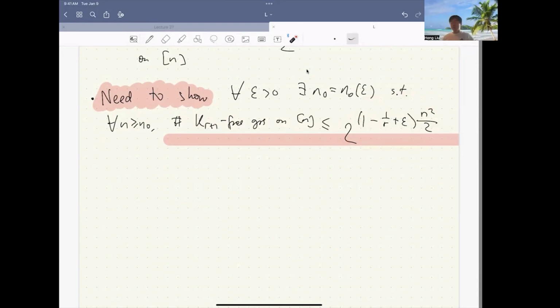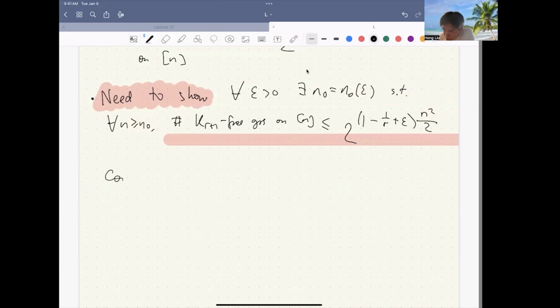And that's the idea. So let me write it down. Right, let's do it this way. We want to count this thing, right? The K_{r+1}-free graphs labeled on the first n vertices. So let's take one such graph and see what we can get out of this.